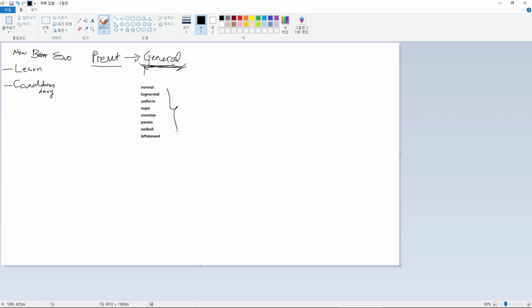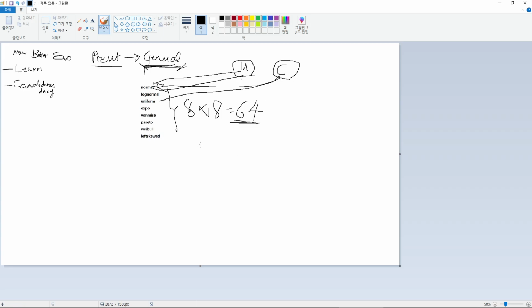That naturally gives us 8 times 8, which naturally gives us 64 combinations, because the utility values could be normal, and then the constraint values could also be normal, but the utility values could also be normal and the constraint values could be uniform. So there are 8 times 8 equals 64 combinations, and therefore I needed to do 64 times something.